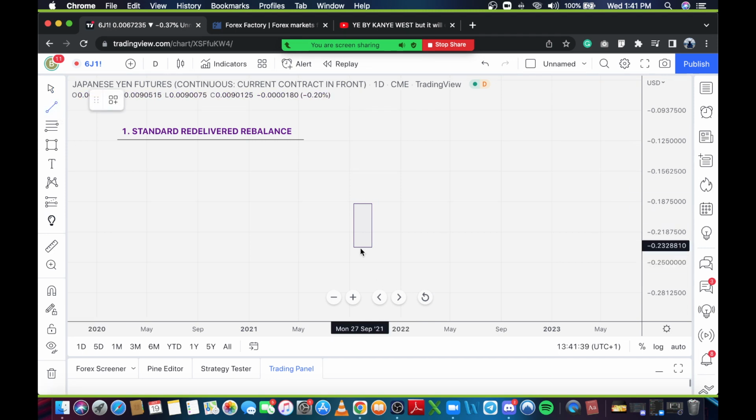In standard redelivery balance, you have the market make a buy side or a bullish candle, a standard bullish candle, and then the next candle opens up, straightens up, and then gaps up all of a sudden. It's trading up, gaps up, and then it quickly pulls back and closes like this.